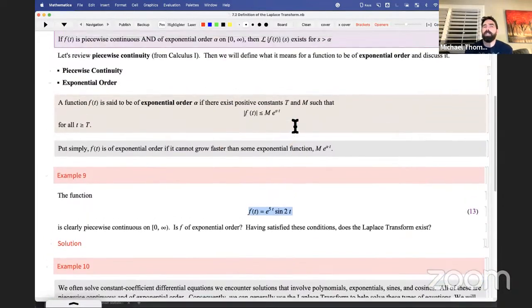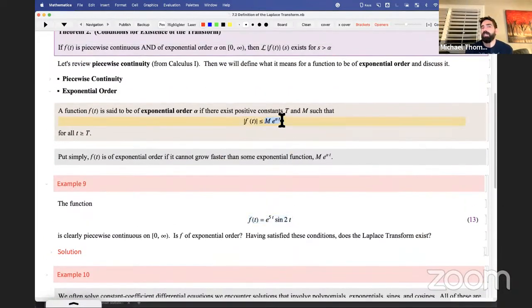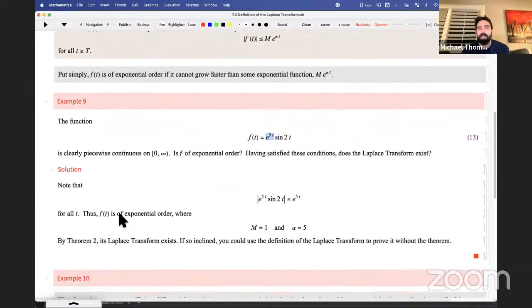Do you think you can find a function of this form so that this never goes above it? Yeah, it looks to be capped. I mean, the sine is oscillating between -1 and 1, right? And then the e to the 5t, I think that's going to be our cap right there.